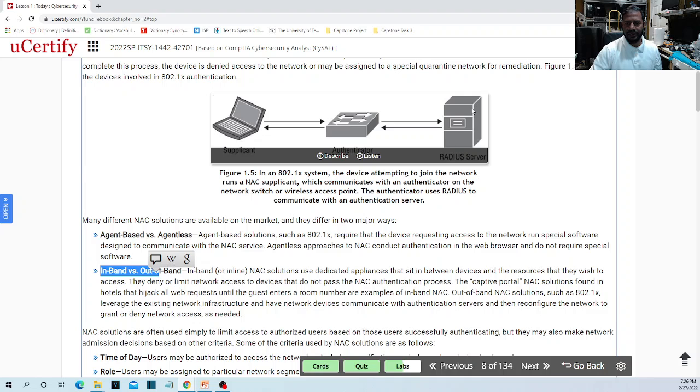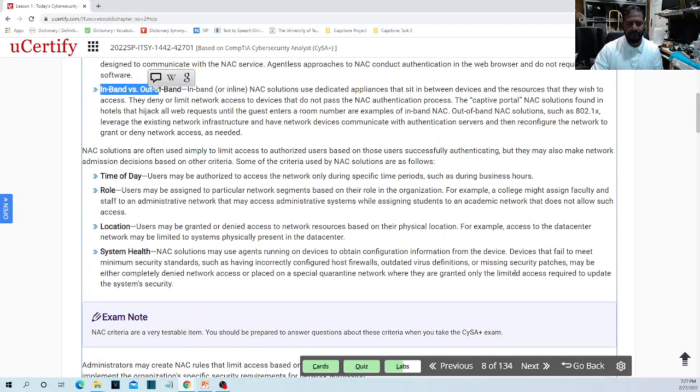I wanted you to see that this one is out of band because in this case you're actually using a server. Go back to the hotel: you're not using an authentication server, just a piece of software in between you and the resource. And in this case, you're putting in a username and password, whatever it is, and it is authenticated by a server. Okay, that is out of band.